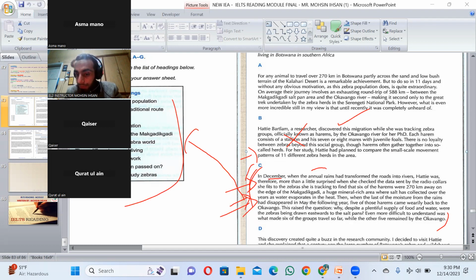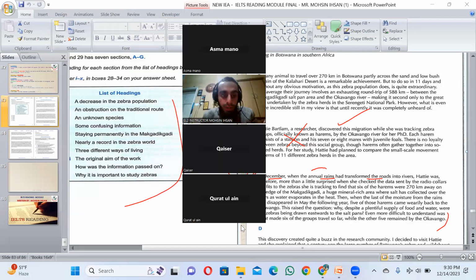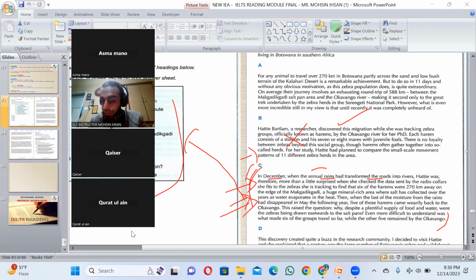In the month of December, when annual rains had transformed the roads into rivers, it means that the roads were now not roads, those were rivers in December because of heavy rains. Where? In Africa, because we are talking about Africa travelings, and that is going to be the zebra, right?